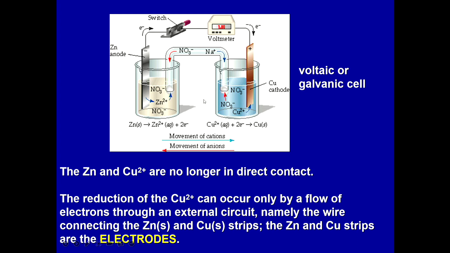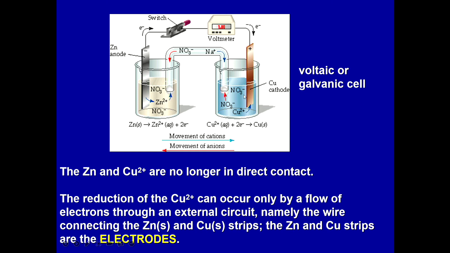In this solution there is zinc nitrate solution, and in this solution is copper nitrate, and then we can link these two bars together. Also, we can introduce a salt bridge to link these two solutions.